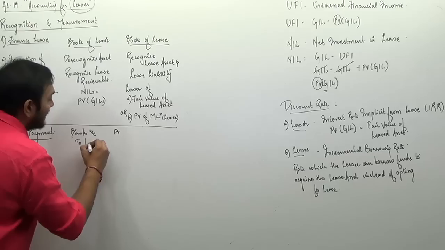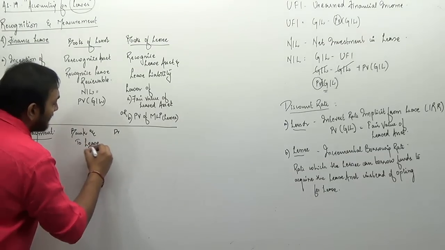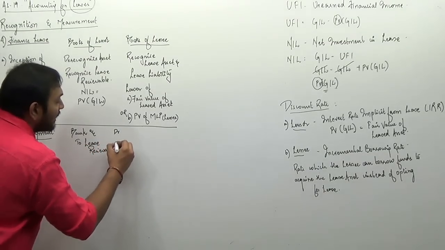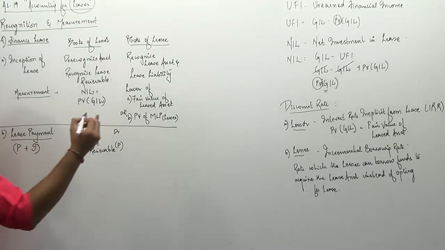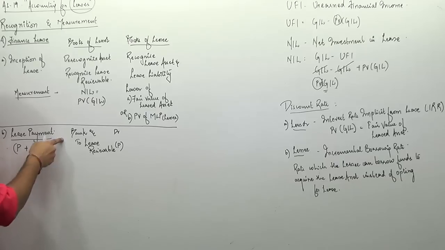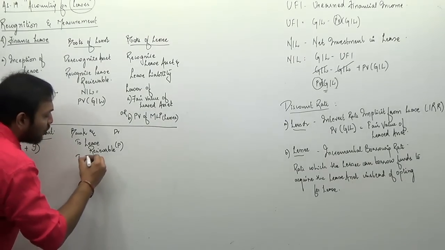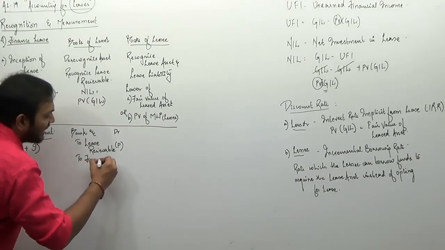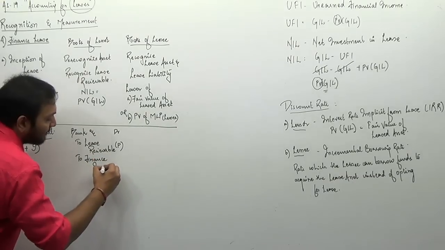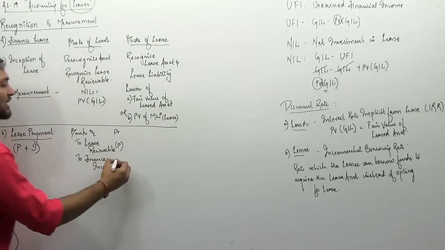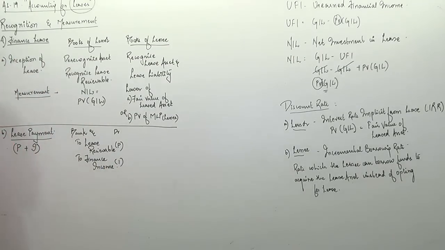Lease receivable credit, only to the extent of the principal portion. But what I receive is both interest as well as principal, so I have to credit one more, called finance income. Finance income is nothing but interest.